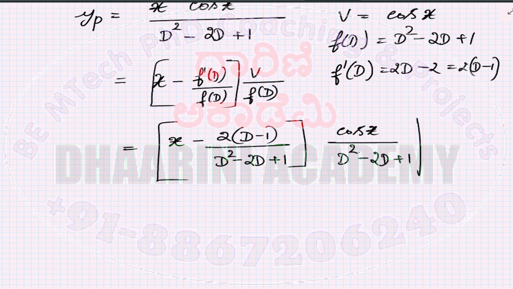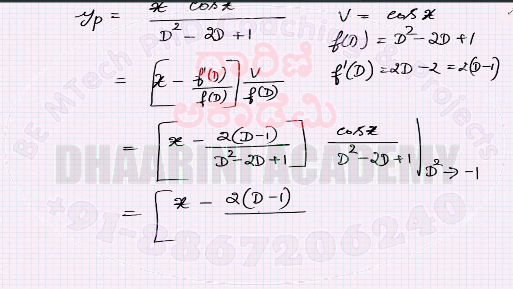So we note that the rightmost term is in the type 2. So we replace D square by minus 1 square, which is minus 1. So this becomes equal to x minus 2 times D minus 1. So look at the denominator. This is actually a perfect square, so D minus 1 the whole square.